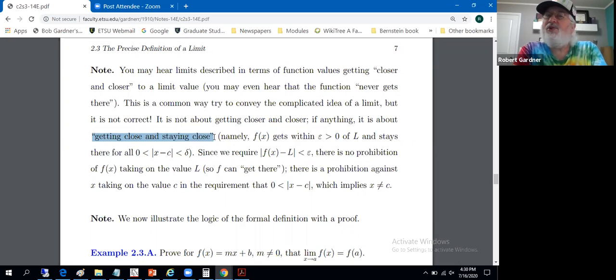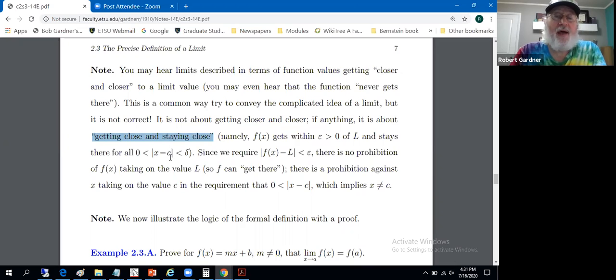You tell me how close you want to get. That's epsilon greater than 0. And I'll tell you which x values will get you that close. And this will work for all of those x values. That is, I'll find delta for you. And if you take the absolute value of x minus c greater than 0 and less than delta, throughout, that's the staying close.